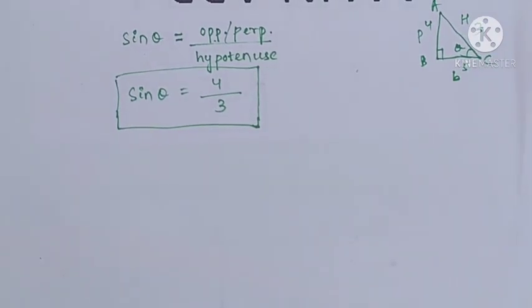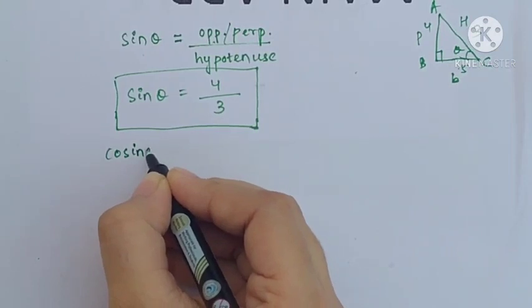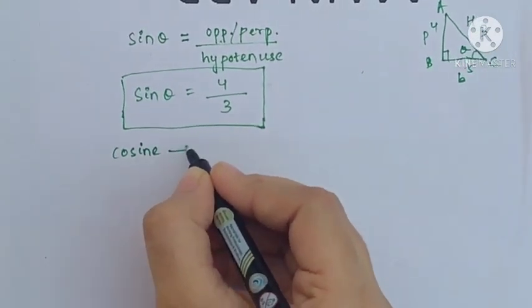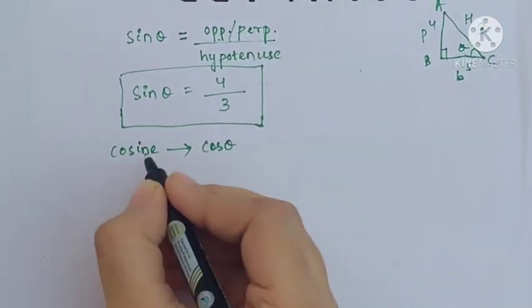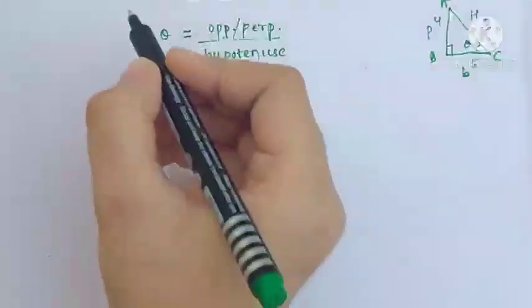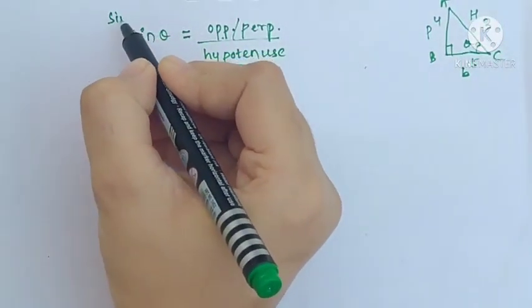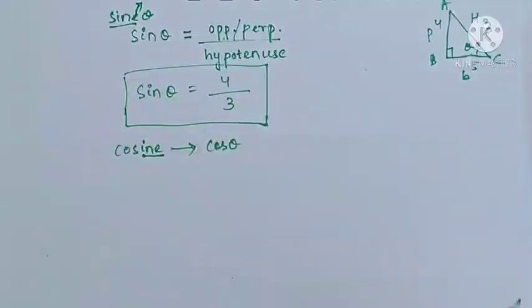The next trigonometric function is cosine function. We write cosine as cos theta, so the INE part is omitted. In sine theta also, sine is the function, but we omit the E part.